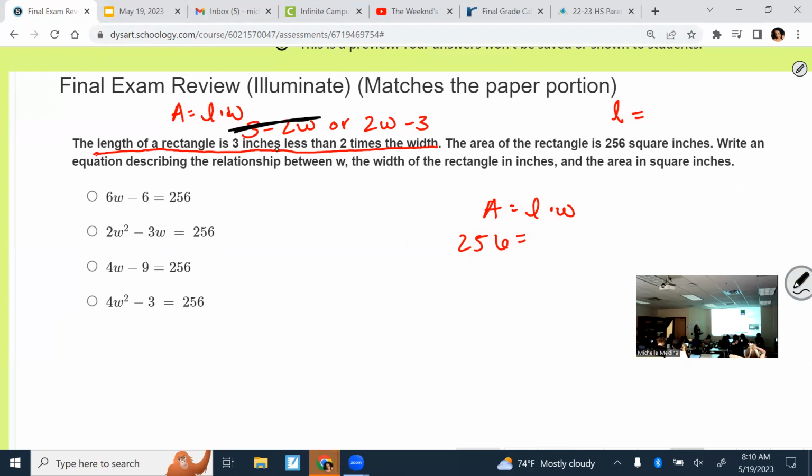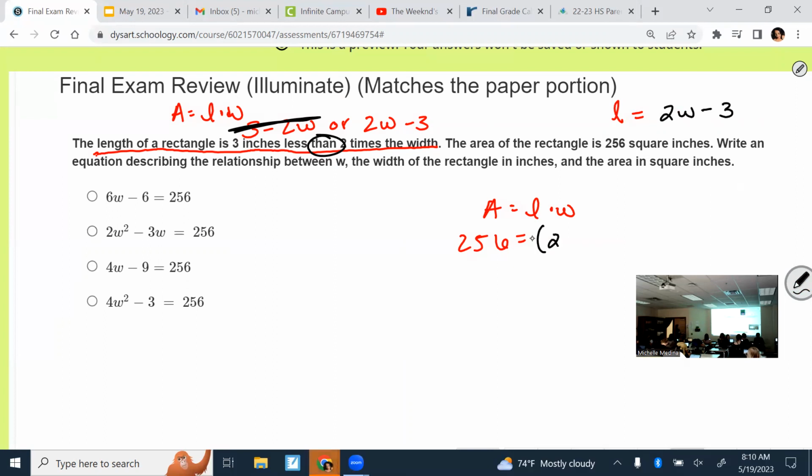Okay, good. Because less than, that's kind of like a switch word is what I tell my students. And when you see that, you're going to switch the order. Because order does matter in subtraction. If it's less than the 2 times the width, you want to put it second. Okay, so then my length is 2W minus 3.